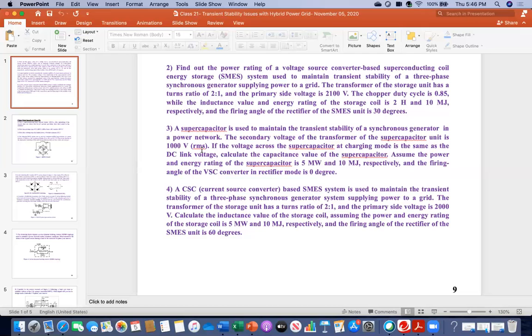So Venkat, are you working? Yes, sir. What value did you get for C? Once you get the VDC value, then use E equal to half CV square.